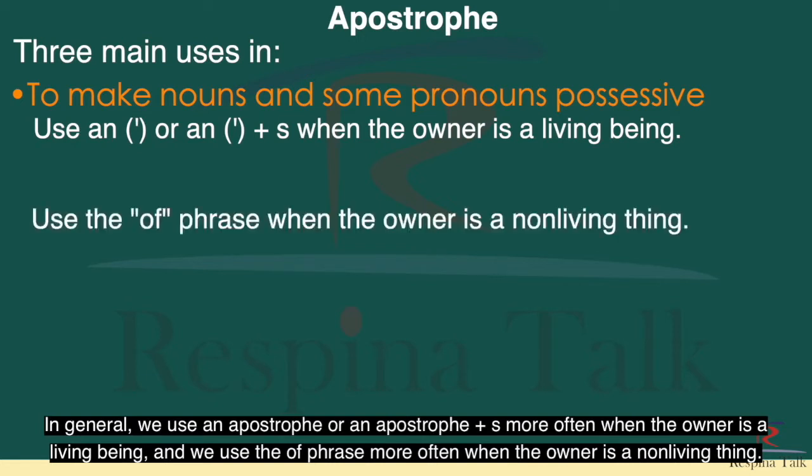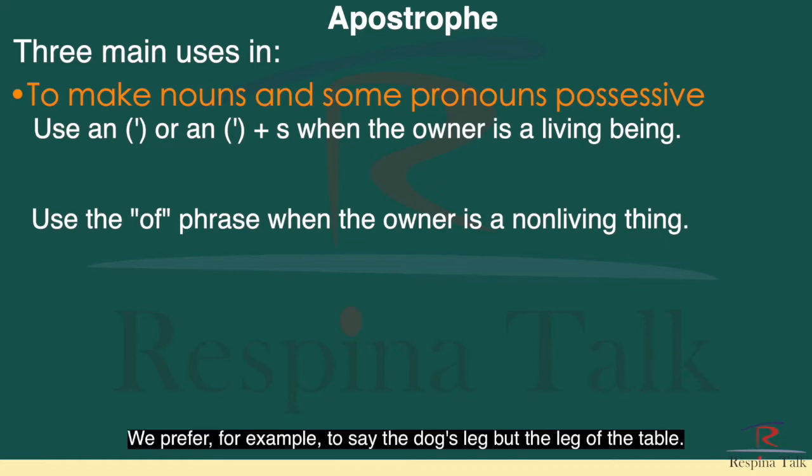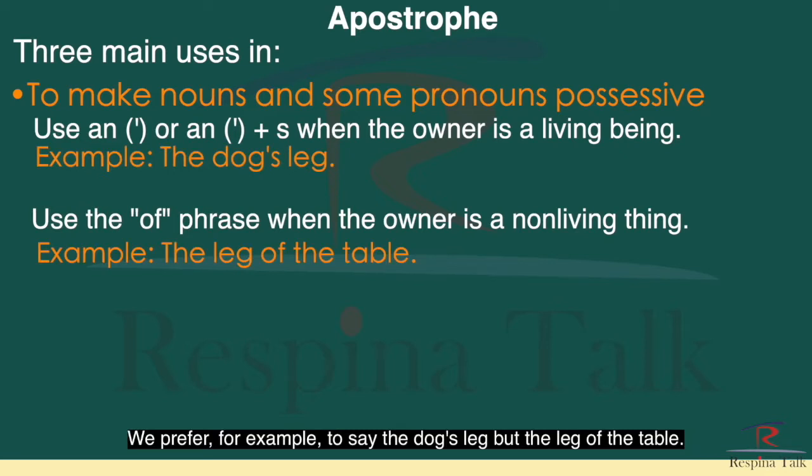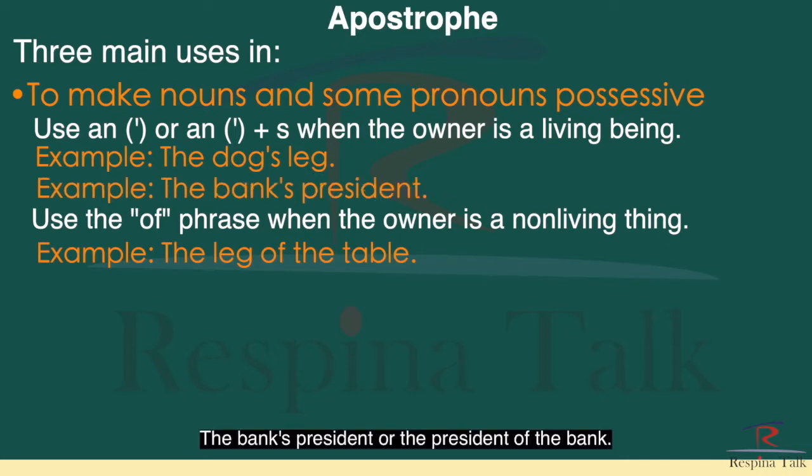And we use the of phrase more often when the owner is a non-living thing. We prefer, for example, to say the dog's leg, but the leg of the table. Sometimes you can write a possessive either way, the bank's president or the president of the bank.